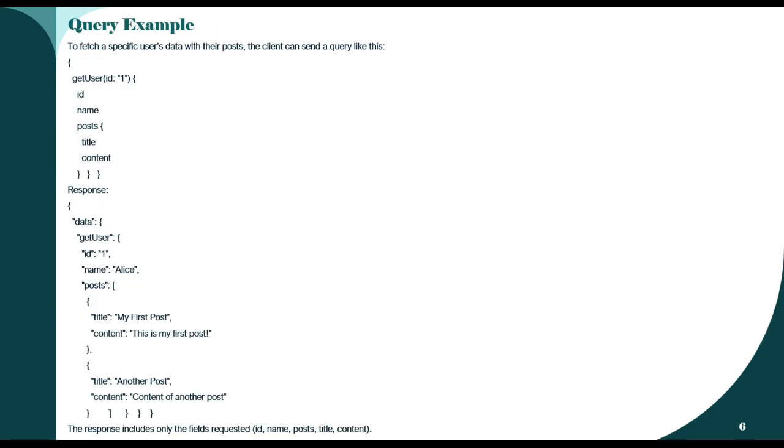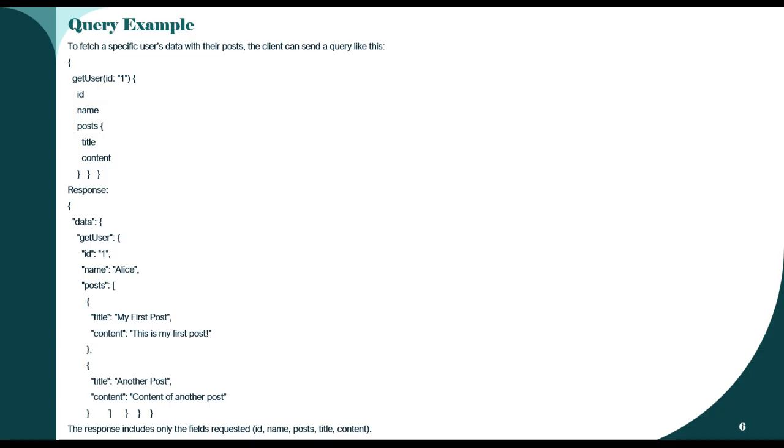Now, we previously discussed an example, and here you see an example with a user. The client will send a query like this: get user with ID equal to 1, requesting ID, name, post, and title.